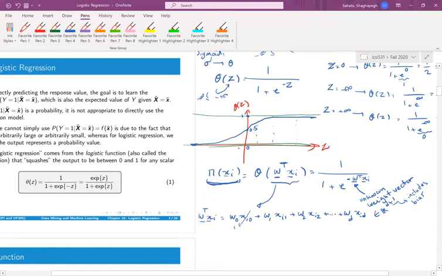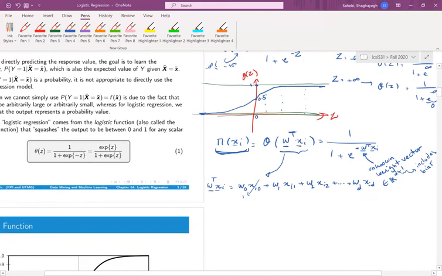We apply sigmoid on top of that, and we are going to get a value between 0 and 1. Another interesting property that the sigmoid function has is that if we calculate theta of minus z, it is going to be equal to 1 minus theta of z. Okay, so you can prove that at home if you like.